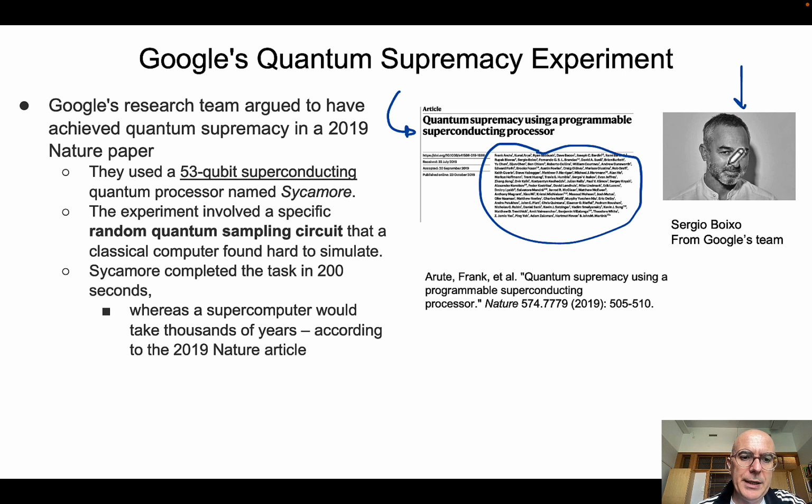It turns out that the Sycamore quantum computer completed the task in 200 seconds, where a supercomputer would take 10,000 years, and that's what is claimed in the 2019 Nature article. So this is a benchmark that is possible to do in 200 seconds on a quantum computer with 53 qubits, and will take more than 1,000 years to simulate on a supercomputer, according to Google's estimate.